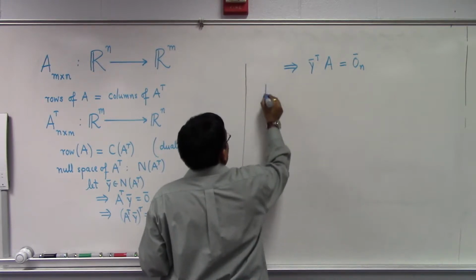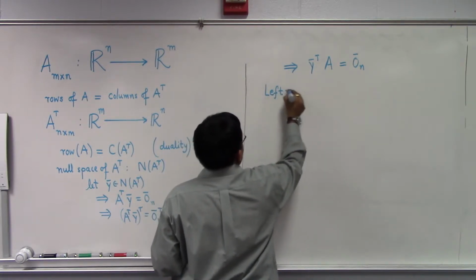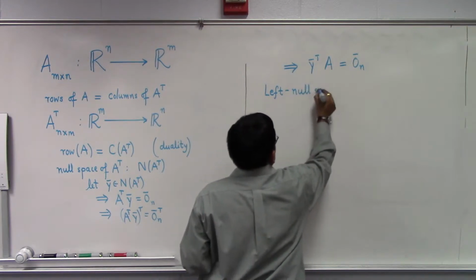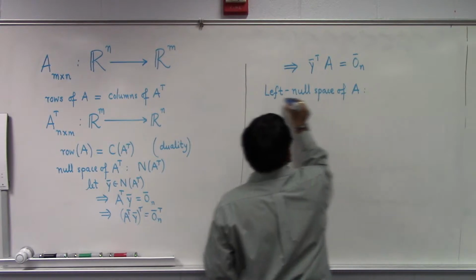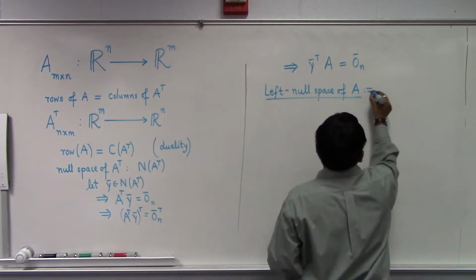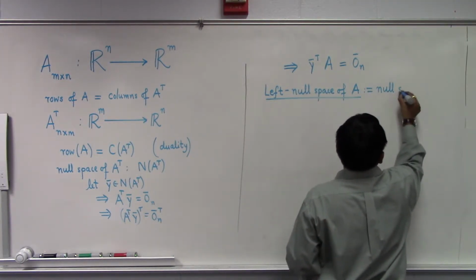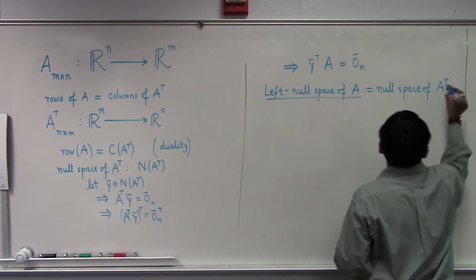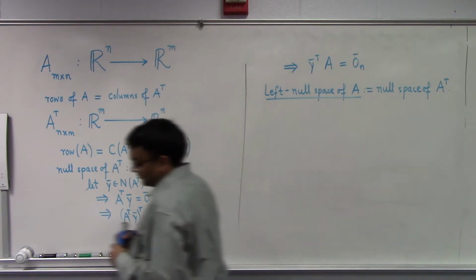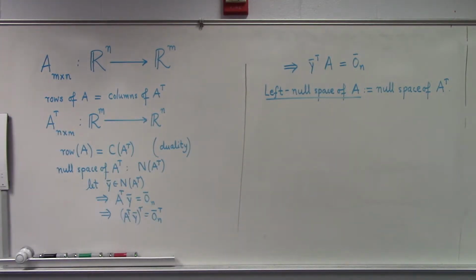This is the concept of the left null space of A. The left null space of A is actually nothing but the null space of A transpose. This is how we define it. I just wanted to emphasize why the word left is involved: you're multiplying a vector on the left of the matrix A to create the 0 vector.